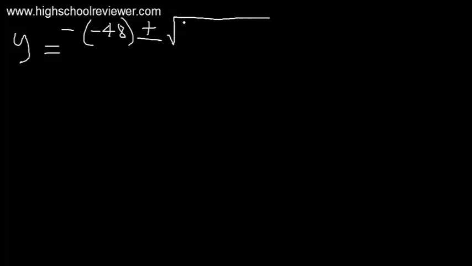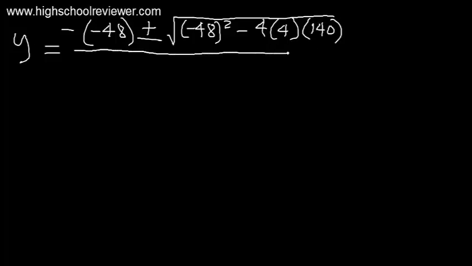Our b squared here will be negative 48 raised to the power of 2 minus 4 times 4 times 140 all over 2 multiplied by 4. Okay, so let us now solve for y.